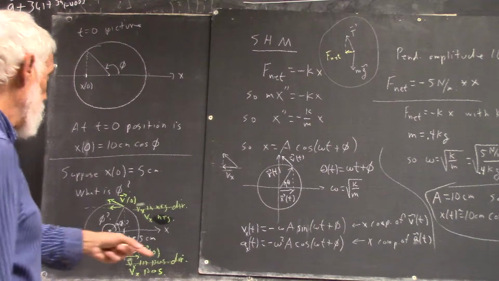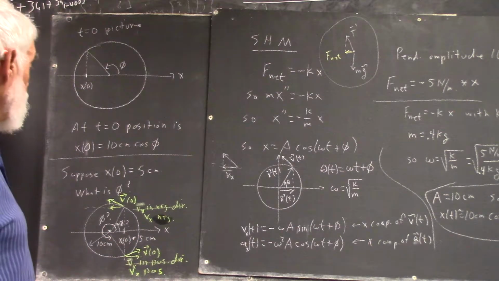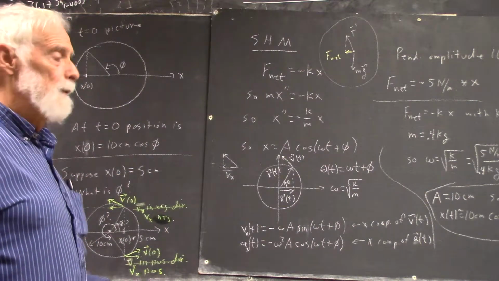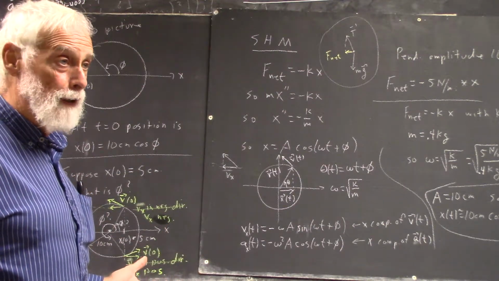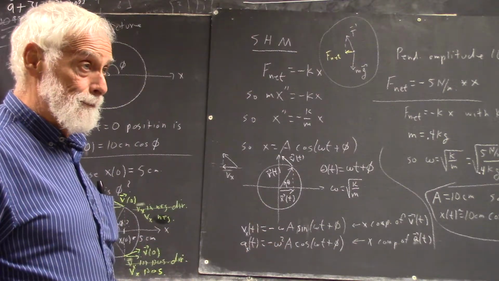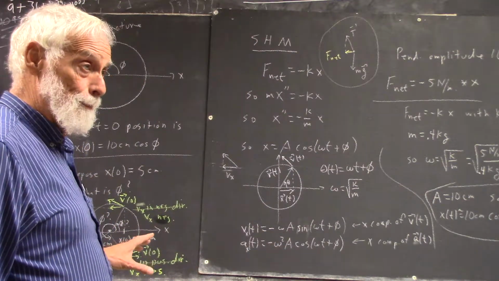And here Vx is positive. Okay? So telling you that x of 0 is 5 centimeters is insufficient information to know what phi is. You also have to know in what direction the thing's moving. Okay? And that's my point.